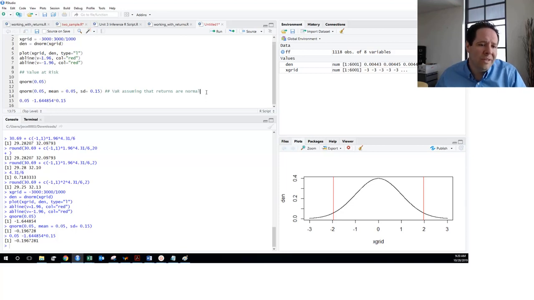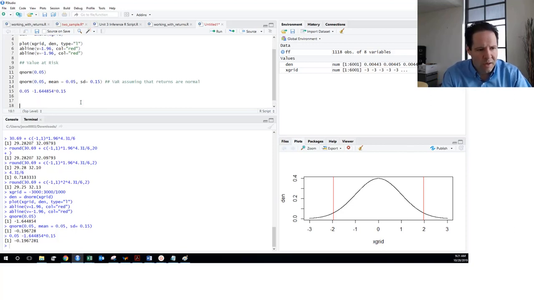So when you say I'm looking for the fifth percentile of some data, that can be a way to go. So imagine that instead of just doing this Q norm and using the assumption of a normal distribution, suppose you say I have data that was simulated from a normal distribution.